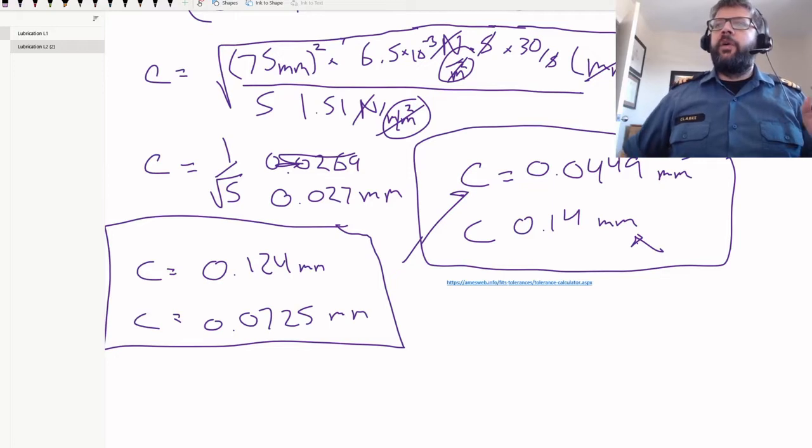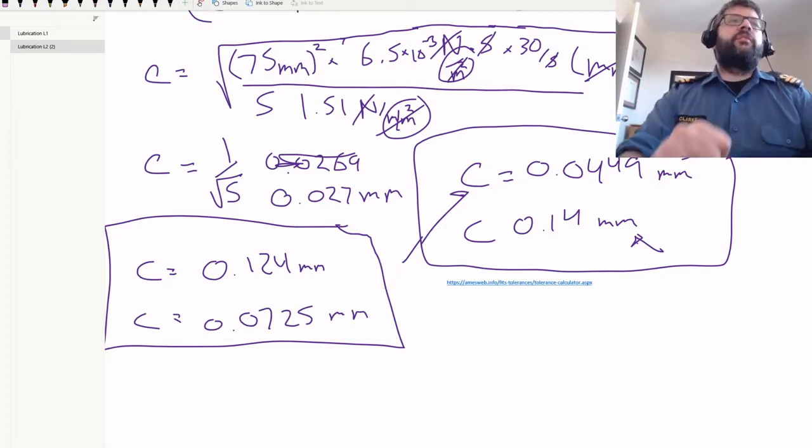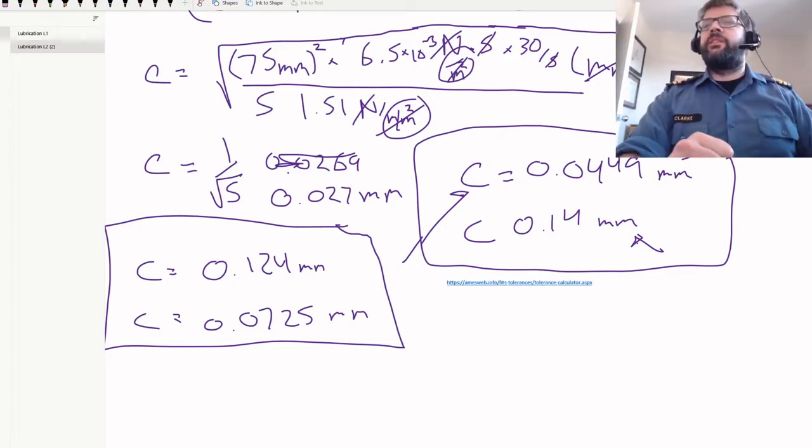So from that, we'll figure out what the two corresponding values of our S are.